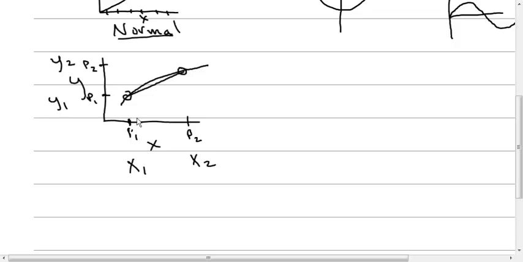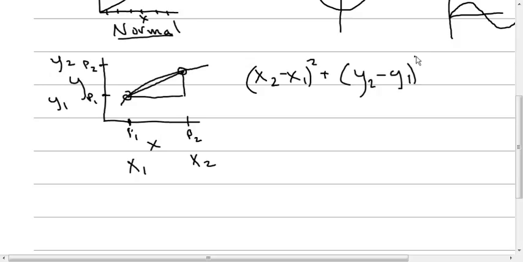And the question is then, how long is that straight line? Well, that's just the hypotenuse of a right triangle, so we can see that it's going to be (x2 minus x1) quantity squared plus (y2 minus y1) quantity squared.